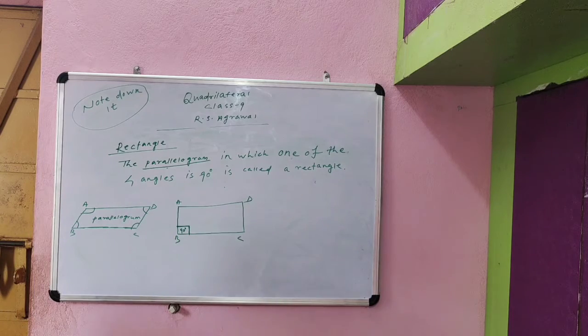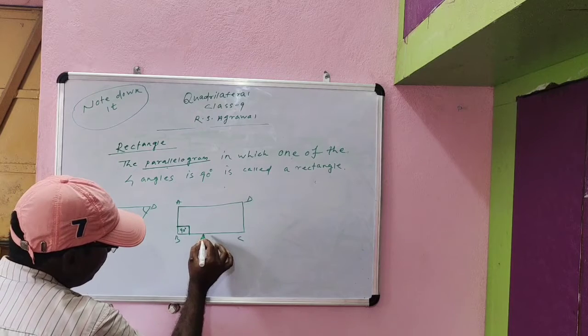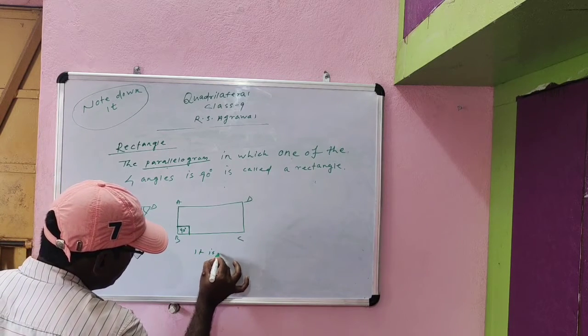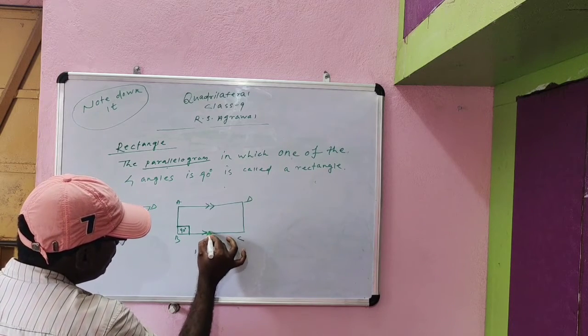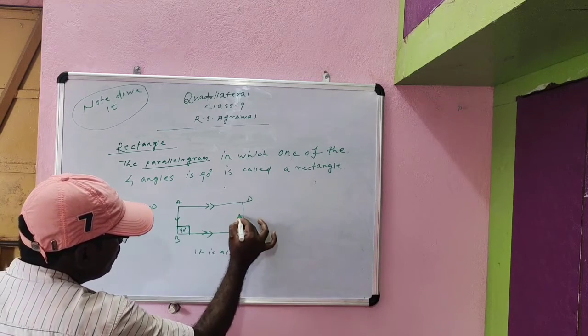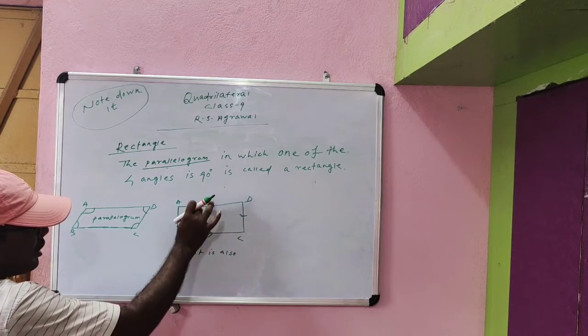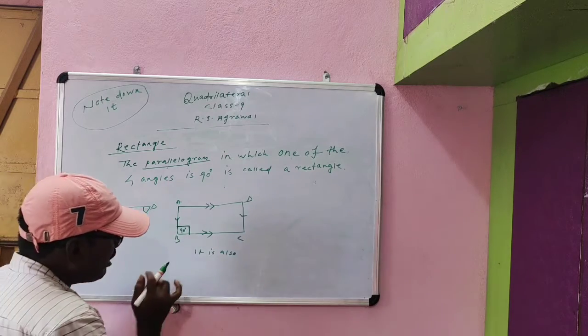So from this it is clear that a rectangle is also a parallelogram. Why? Because AD is parallel to BC, AB is parallel to DC. It means the two pairs of opposite sides are parallel. Therefore, it is a parallelogram.